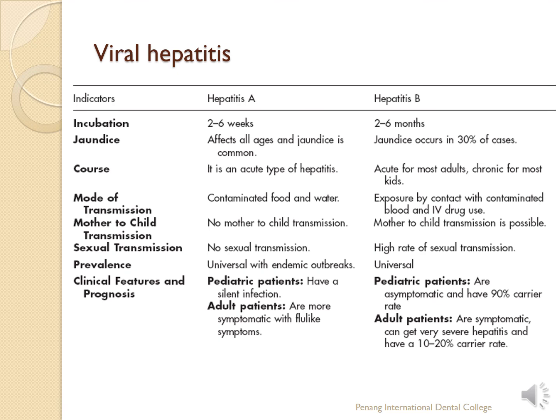There is also possible transmission from mother to child, and a high rate of transmission with promiscuous sexual behavior. The prevalence is universal, and pediatric patients have a 90% carrier state.